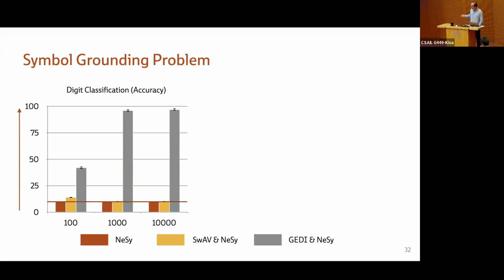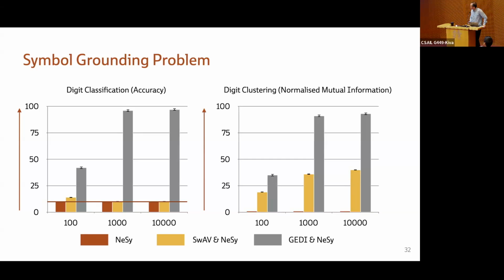However, there is still a huge gap that has to be reduced. So another interesting aspect is that when we compare the clustering performance, we see that the clustering approach improves over the number of examples, but it doesn't achieve the similar performance of our approach.